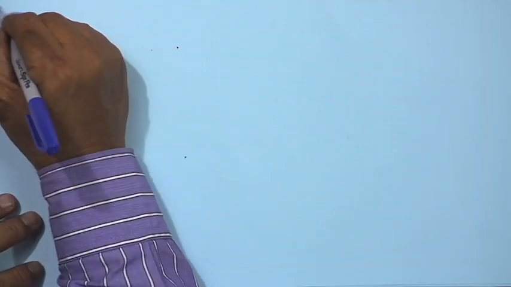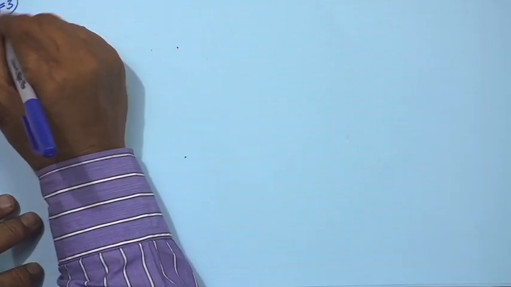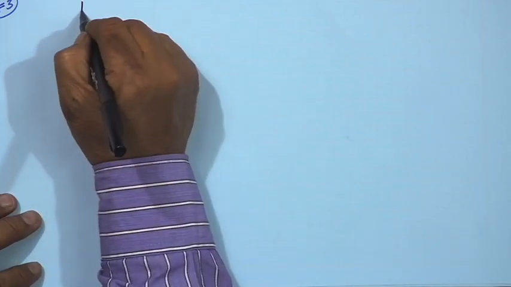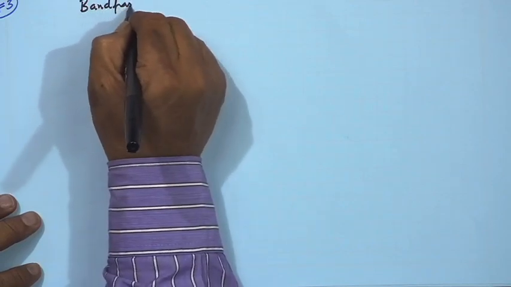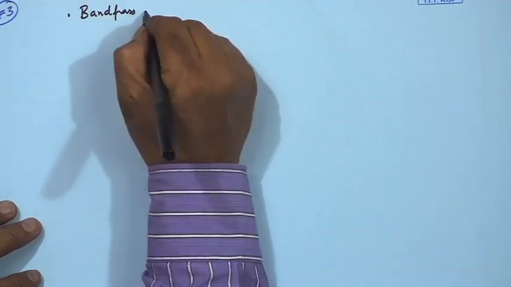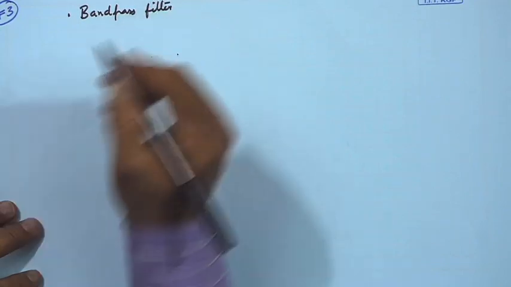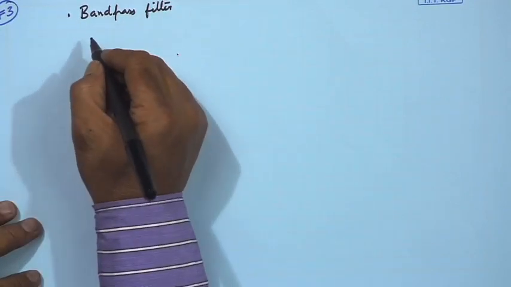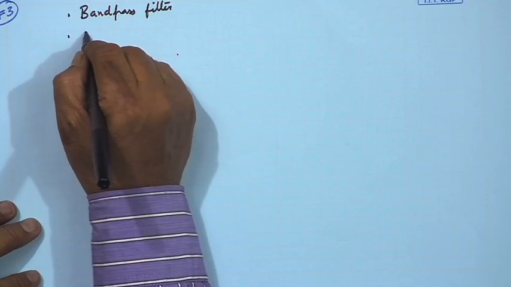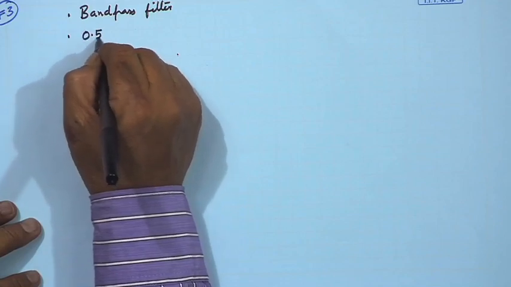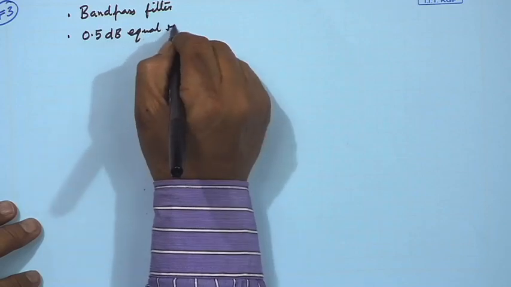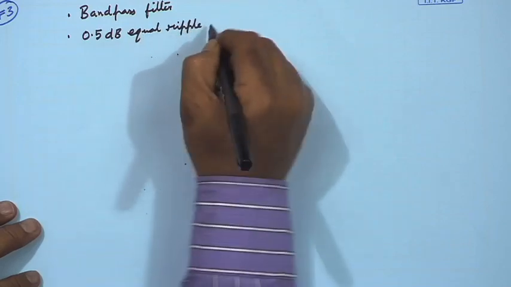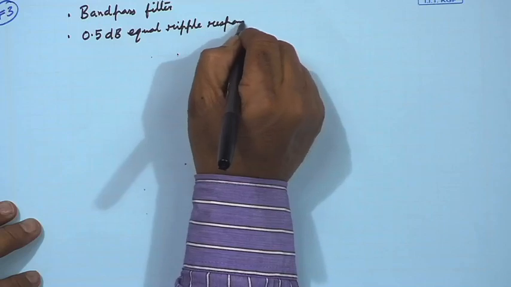So, our third problem is this, that design a band pass filter having a 0.5 dB equal ripple response.